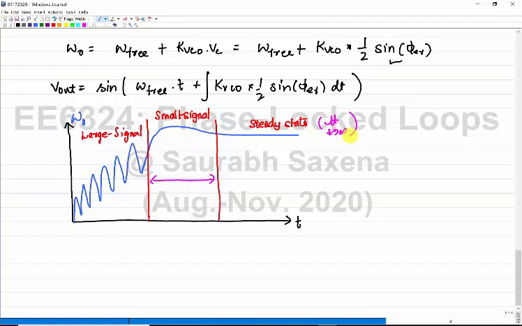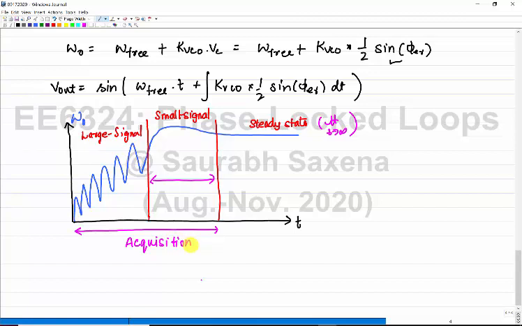Okay, and the thing is now, this whole region going from whatever the free running frequency and finally settling just before reaching the steady state comes under acquisition of the desired frequency.